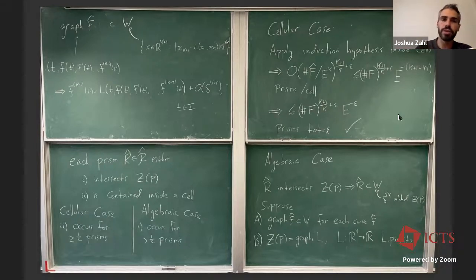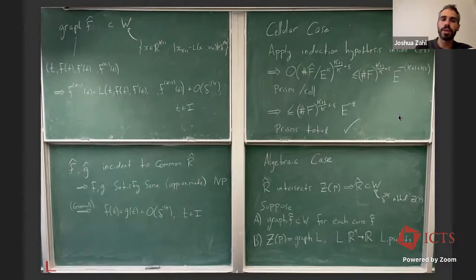And we're interested in a situation where you have rectangles or tangency prisms that are rich. So that means that you have a tangency prism and many functions are all incident to it. So let's say I have two functions, two lifts, f hat and g hat, and they're both incident to the same tangency rectangle R. So at the moment, every function satisfies this approximate ODE on the upper left board.